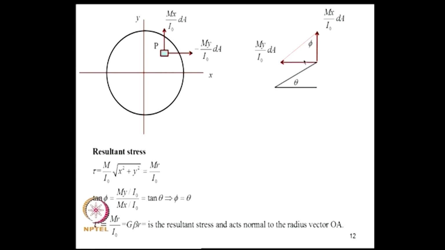And if you want this angle phi, we can take tan phi, and by studying this figure we can show that tan theta is tan phi, which would mean phi is theta. So, the shear stress tau is G beta r, it is the resultant stress and acts normal to the radius vector OA at every point.